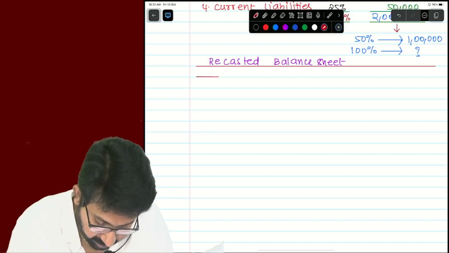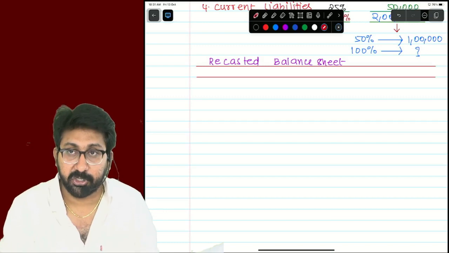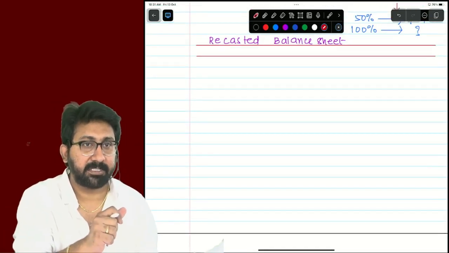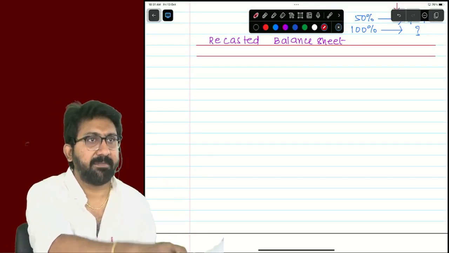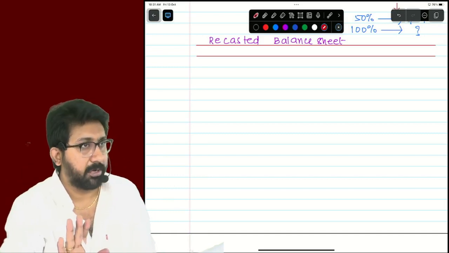Vertical balance sheet or Schedule 3 balance sheet? Normal T-shape balance sheet or Schedule 3? T-shape balance sheet only. He is not expecting Schedule 3 from us. If the question gives a normal T-shape balance sheet, go with that. If the question gives Schedule 3 type, follow Schedule 3 only.